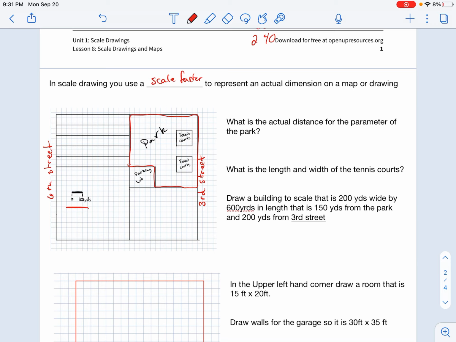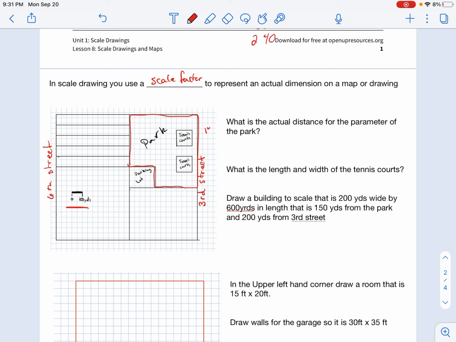So what is the actual distance for the perimeter of the park? Well, we have to count how many squares there are. There's 1, 2, 3, 4, 5, 6, 7, 8, 9, 10, 11, 12, 13, 14. Actually that would be 14, because that's half up here and half down here.